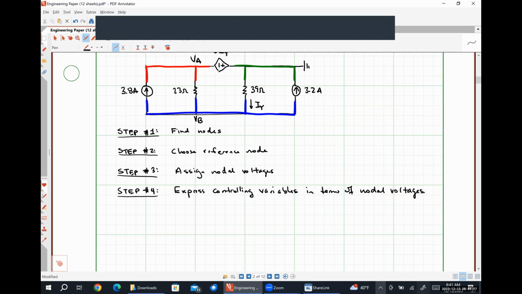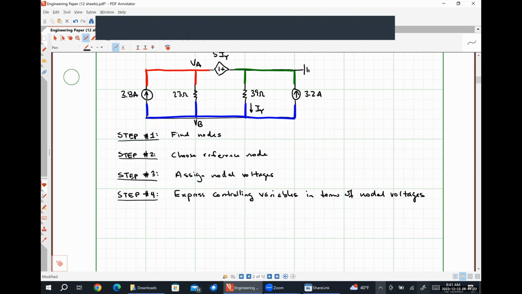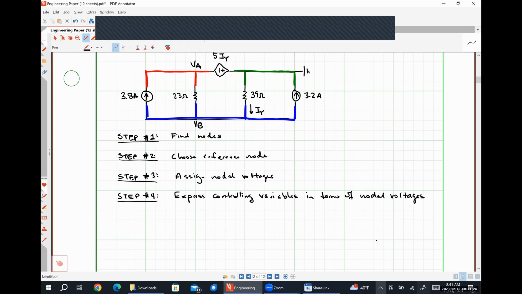So our controlling variable in this case is the current IY. So Camden, I'm going to pick on you because you chose such an interesting place to put our reference node. What would IY look like in terms of our nodal voltages here?